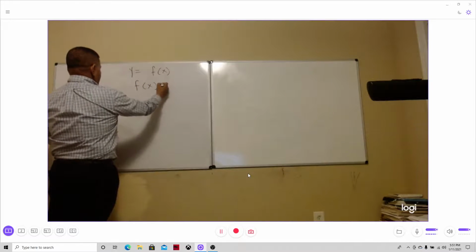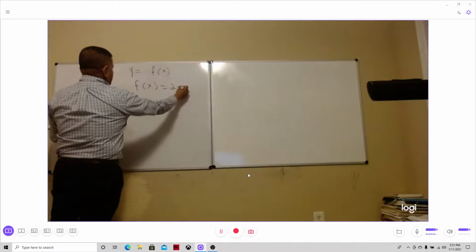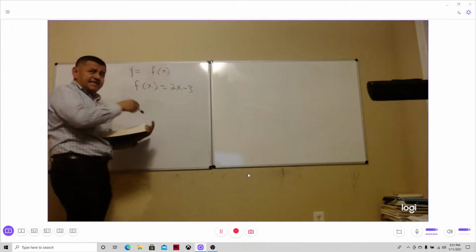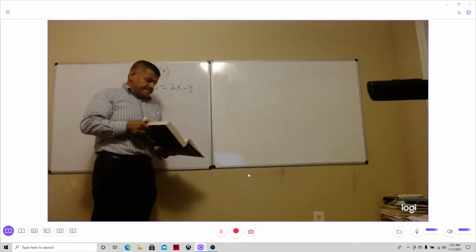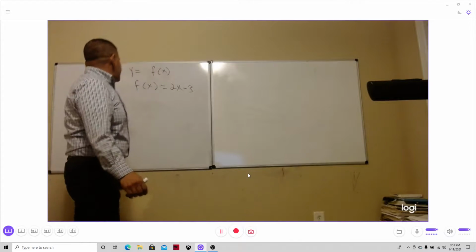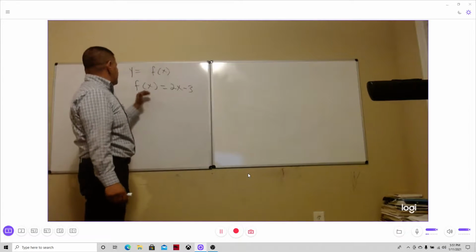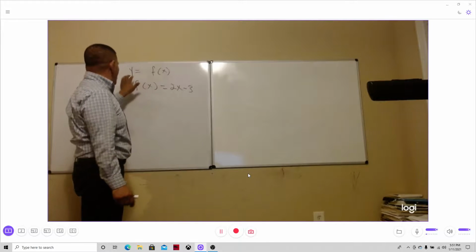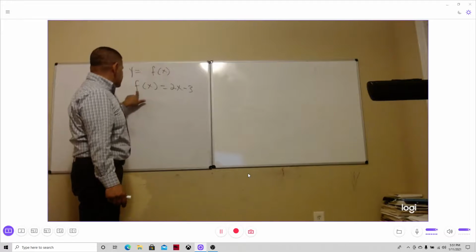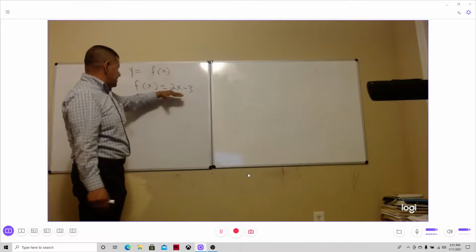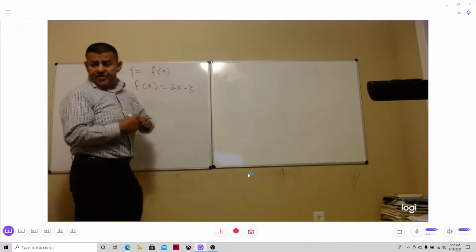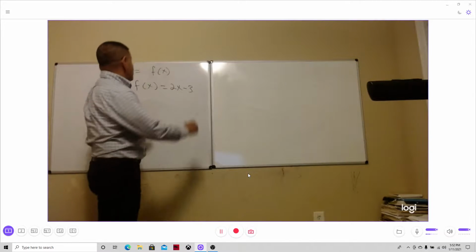is equal to 2x squared minus 3. So let's see if the book actually teaches something. They say that y is equal to this function f of x, which is equal to that. I think the book has, yes, it's x squared.